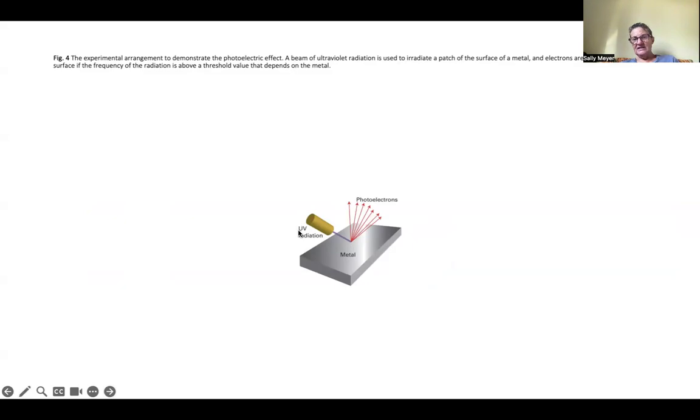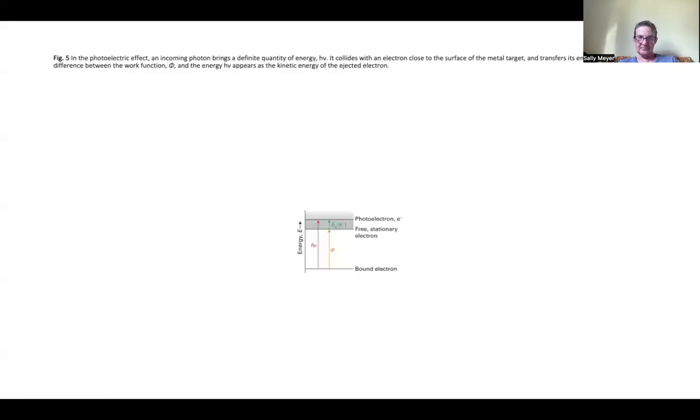It has energy in the ultraviolet region. And when you do that, electrons will be ejected from the surface if the radiation has the right frequency. And when it comes off, the arrows are showing you it comes off at different angles, and the electrons come off with different energies.